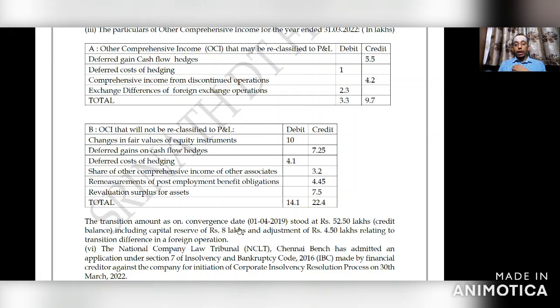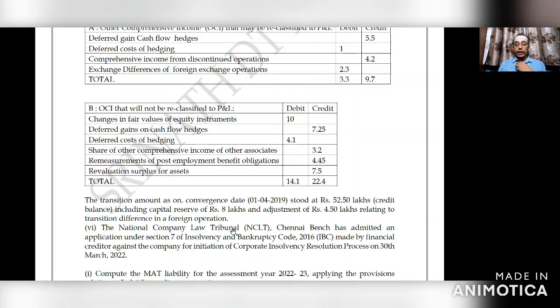The transition amount on the convergence date stood at 52.50 lakhs, including 8 lakhs in capital reserve, and an adjustment of 4.5 lakhs relating to transition difference of foreign operations. So of the 52.5, any adjustment to capital reserve has to be ignored, and the 4.5 also has to be ignored. NCLT has accepted the application under section 7 of the Insolvency and Bankruptcy Code.